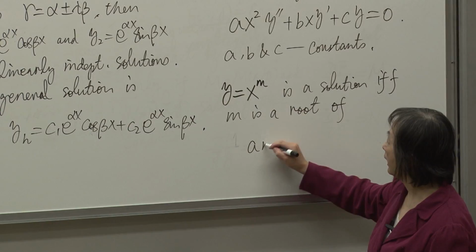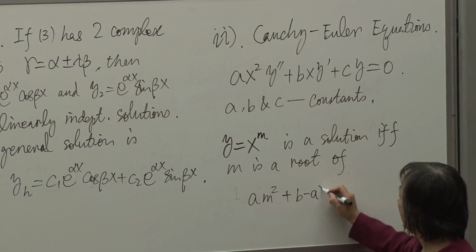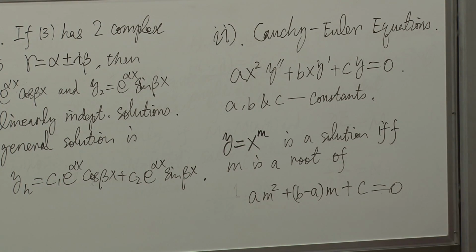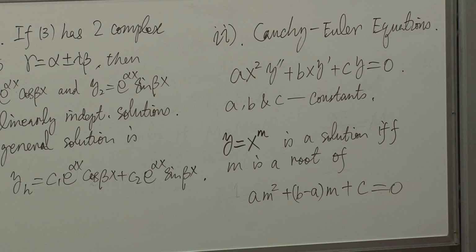It's am² plus (b minus a) m plus c equals 0. The auxiliary equation of Cauchy-Euler equations is different from the auxiliary equation of a homogeneous equation with constant coefficients. We denote this equation by 4.